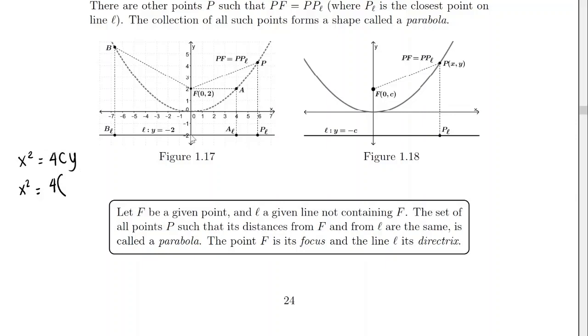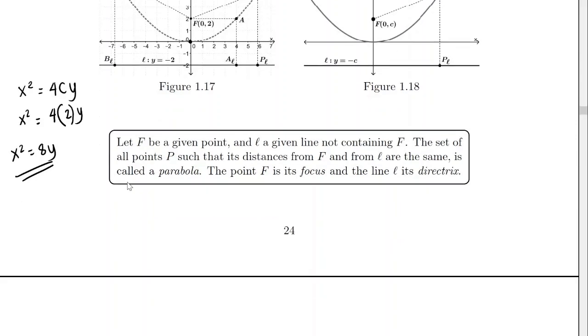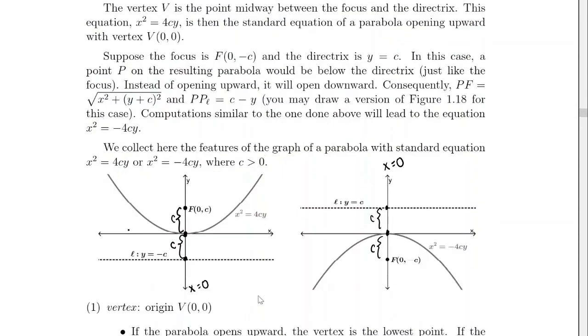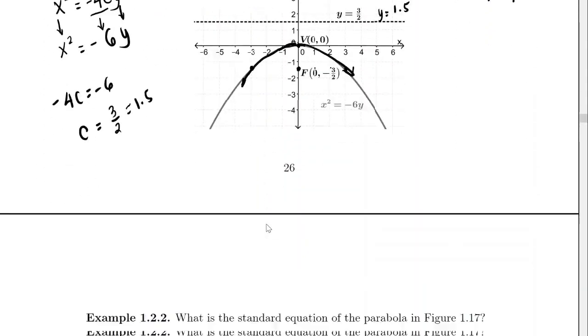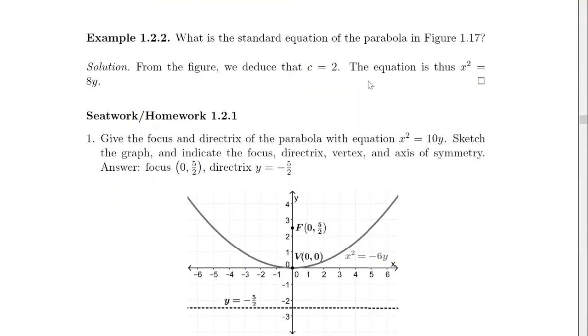Since the vertex is at the origin, we have 2 units. So 4 times 2 times y. If you simplify that, x squared is equal to 8y. So this would be the equation of the parabola.